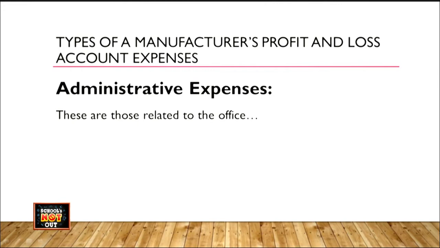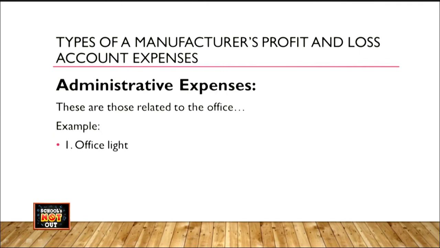It therefore means that examples are office light, depreciation on office machinery. Now remember, our one premises, right? If the light bill comes, factory using light, and office also burning light.